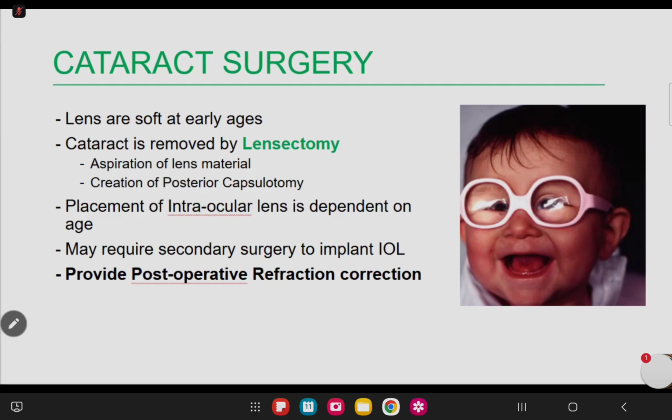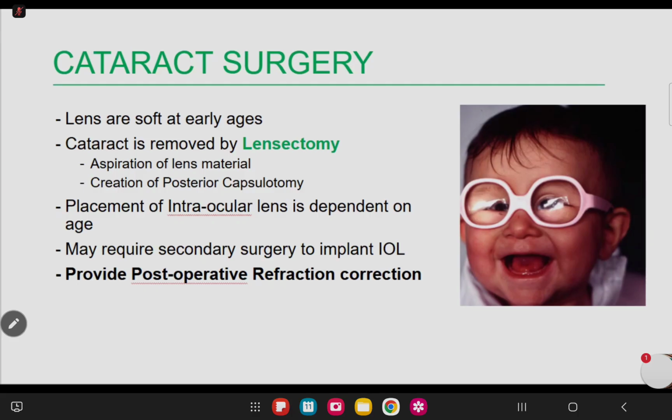Now, this is to minimize the inflammation produced by the manipulation of the intraocular contents. We then provide post-operative refractive correction. These patients are having intraocular lenses at an early age, and the patient's eye is still growing.